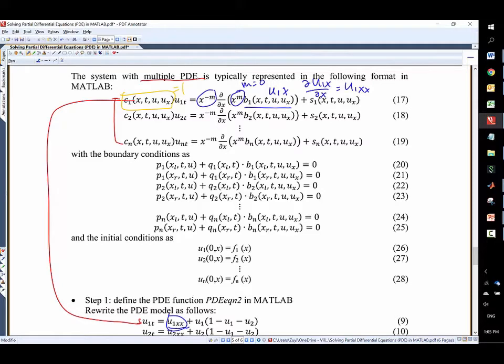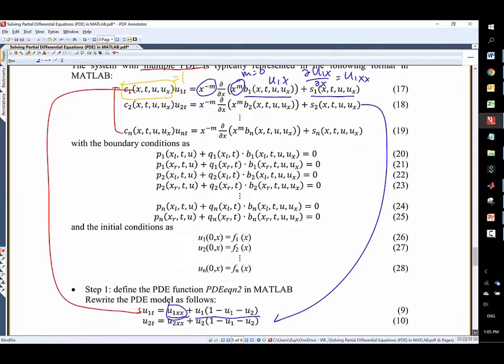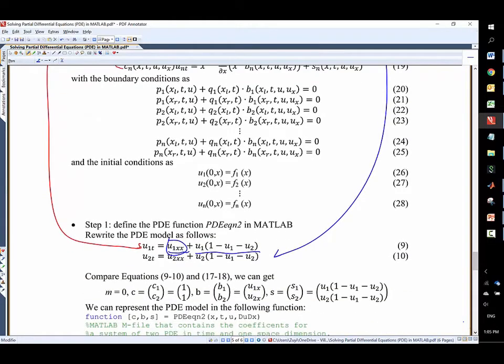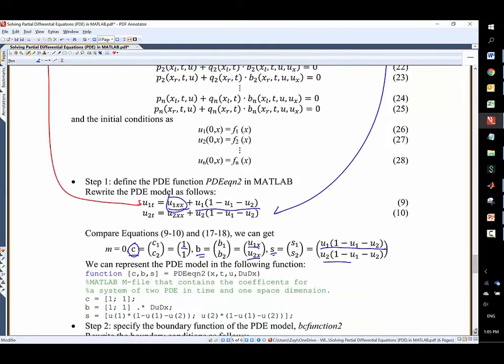So b1 equal to u1x. So you can see, compare this one, you can get, right, this is equal to s1. Okay. So similarly, you could do that for the second equation. So c1 equal to 1, so c is a vector, right? b is also a vector, okay, and x also is a vector, okay. So after that, m equal to 0, right? As I mentioned.